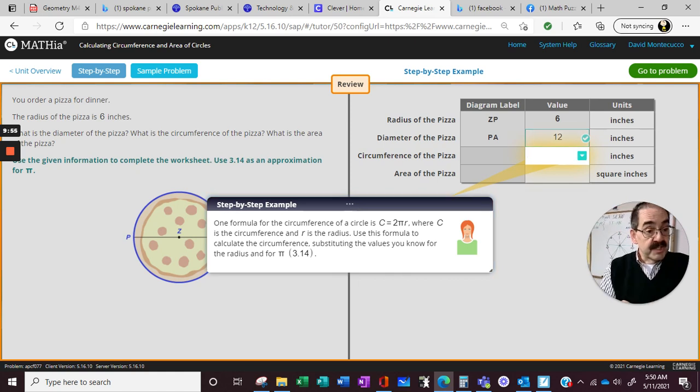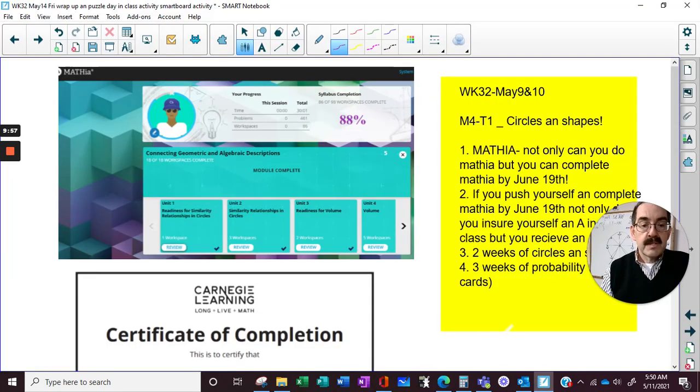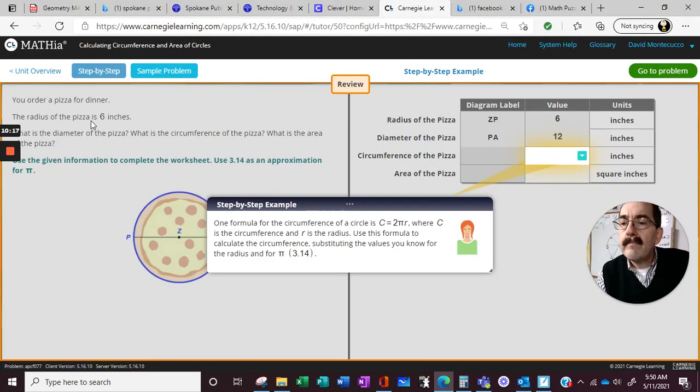Circumference. Now watch this. The circumference is 2 times pi times r. R was 6, so 2 times 6 times pi equals 12 pi. Use 3.14 as an approximation for pi. You don't have to do any math.